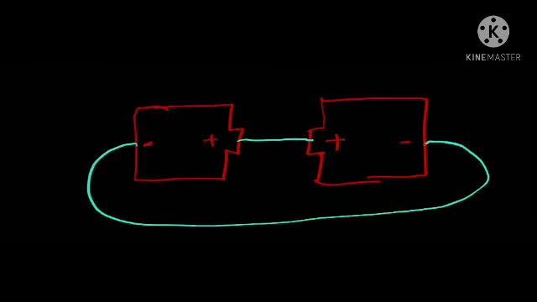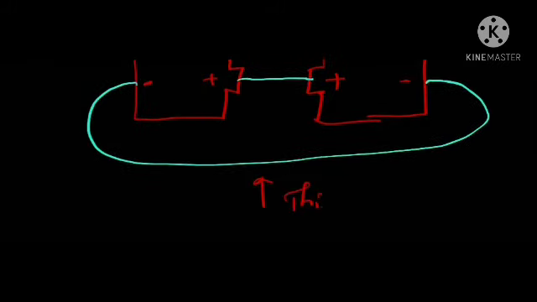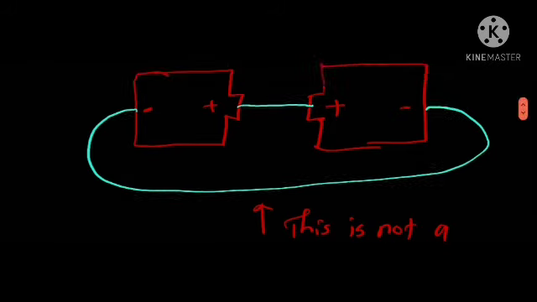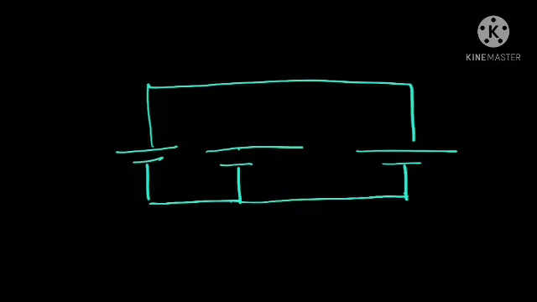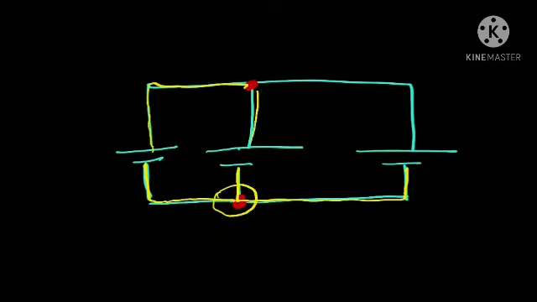And what if we connect the negative terminal of one battery to the negative terminal of the other battery? The same thing happens, so there won't be any voltage difference. If current has to flow, there should be a voltage difference. The current flows from high voltage to low voltage. Here there is no voltage difference, so the current wouldn't flow through.